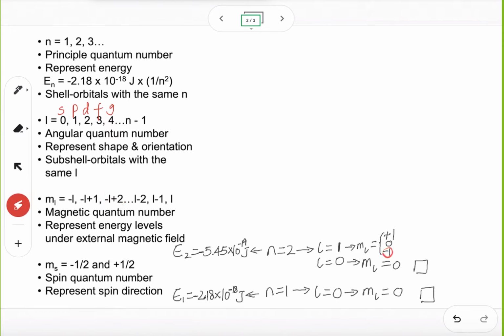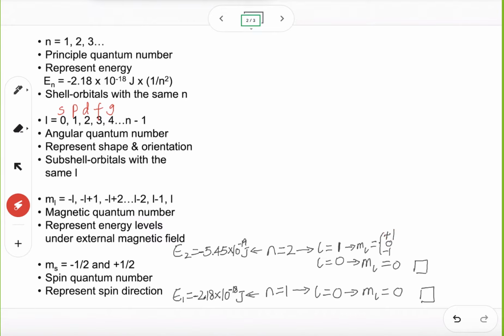Negative 1 plus 2 is positive 1. As you notice, when you get positive 1, we have already reached the upper limit of ML, so we should stop here. That tells us for ML, there are three possible values: negative 1, 0, and positive 1.